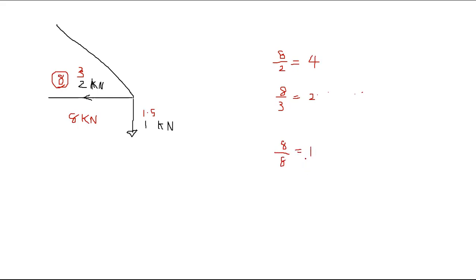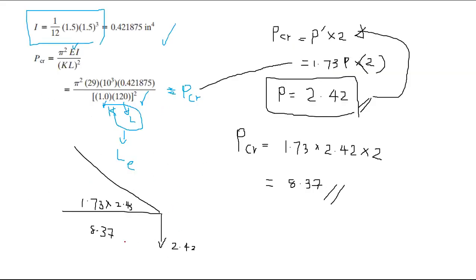If it is less than 1, it will fail. Factor of safety 1 means it's on the verge of failure, about to fail. So to reach 8, you have to apply 4 kilonewton, because we assume that the ratio is 1/2. That's why this is the example, and the same thing has been done here as well.